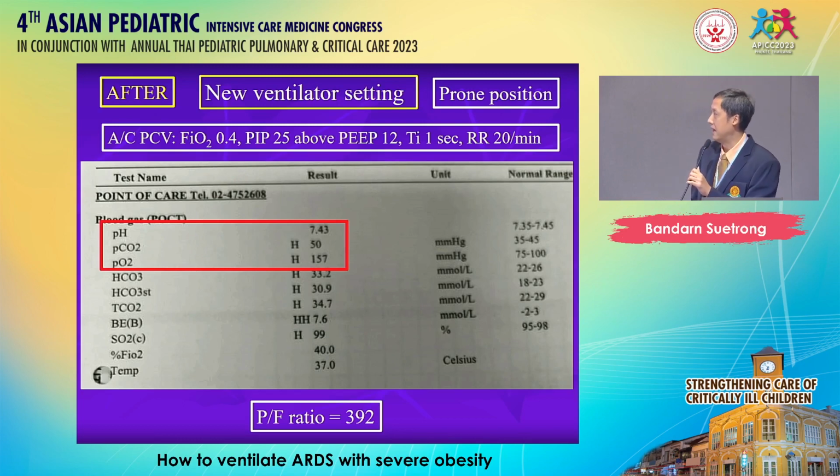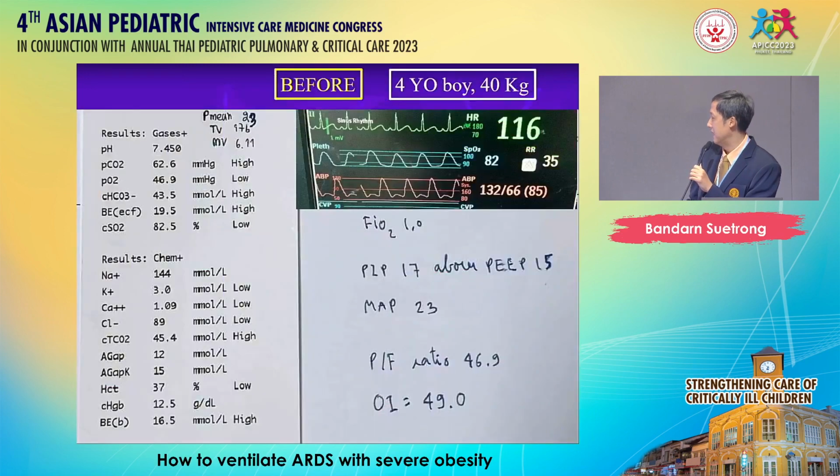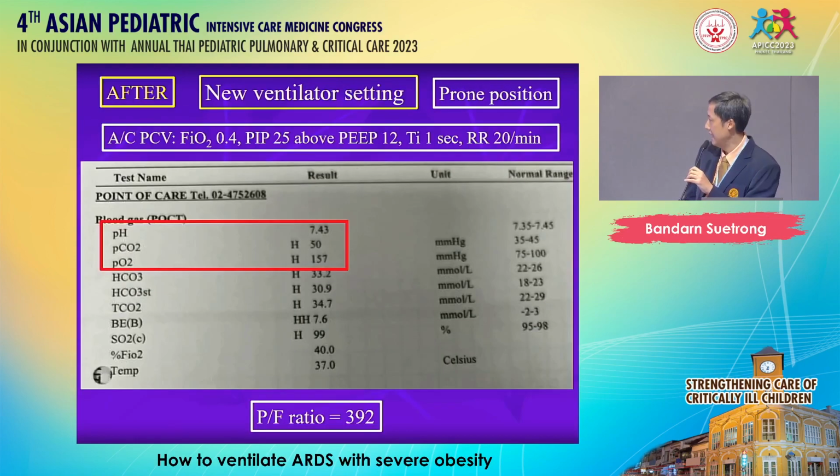After that, I followed the blood gas. The CO2 went down from 145 to only 50, and the pH went up from 7.0 to 7.4. And she was discharged safely home, I think, a week after that. The PF ratio markedly increased after the recruitment maneuver and decremental PEEP titration were performed.